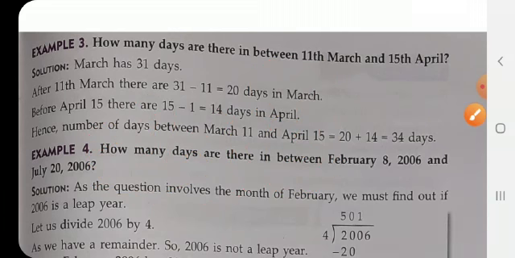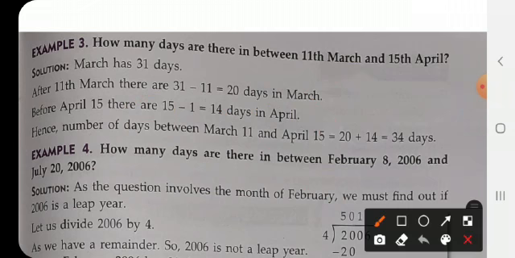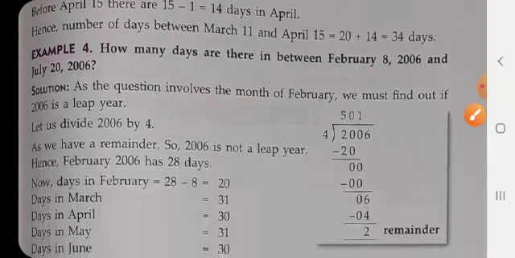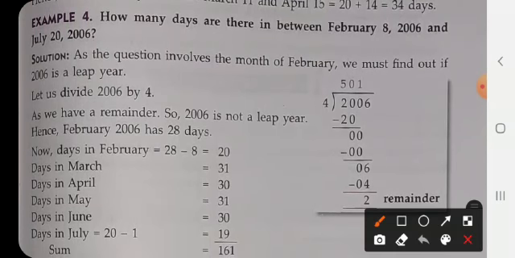Now let's see how many days there are between February 8, 2006 and July 20, 2006. Let's see how it is calculated. As the question involves the month of February, we must find out if 2006 is a leap year or not.